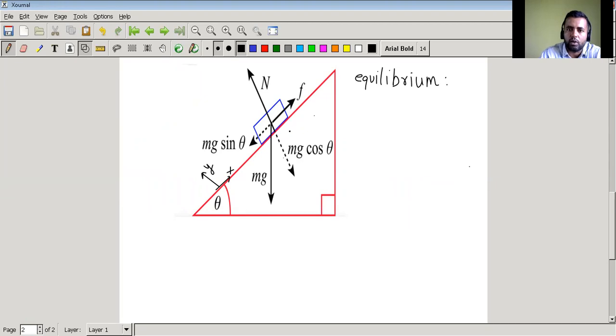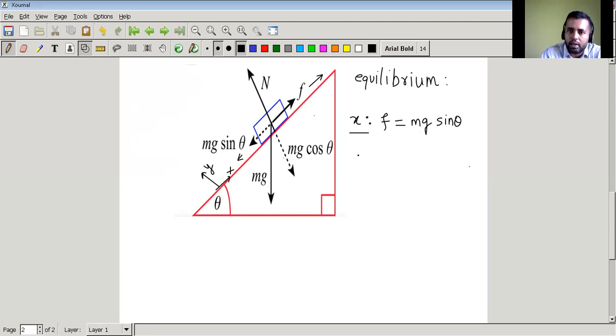So now, for equilibrium, we know that net force on it should be zero. Fine. So let us study along x direction. Okay, along x direction. So you can see this is acting along this x direction and this is acting along this direction. So along x direction for equilibrium, we will get F equal to mg sine theta.